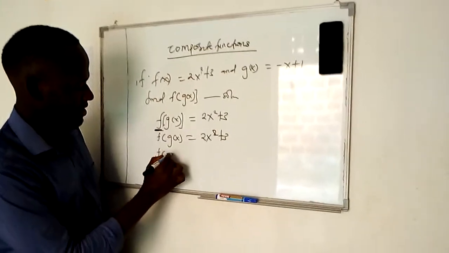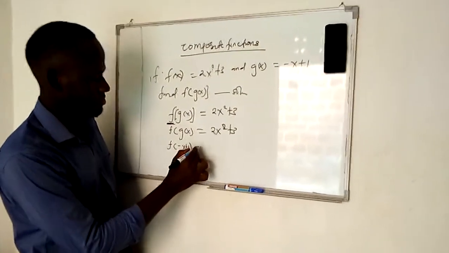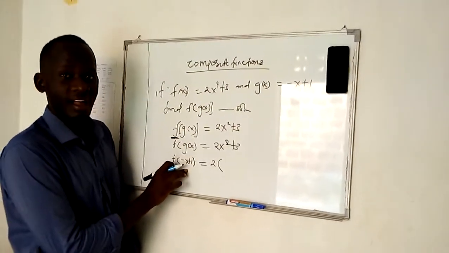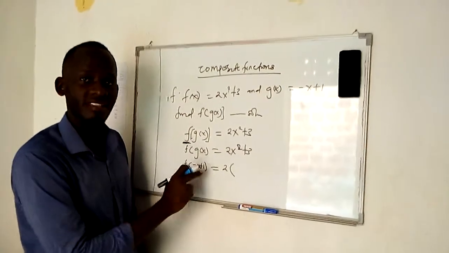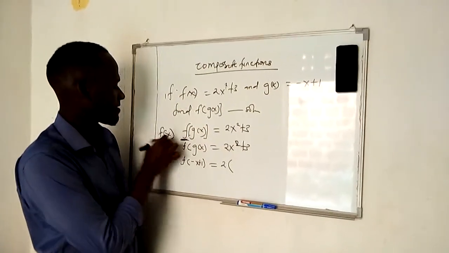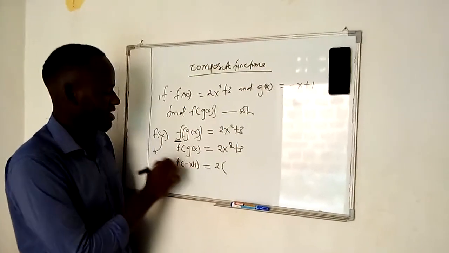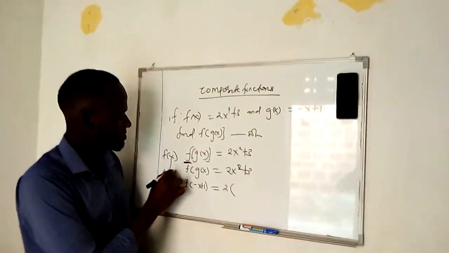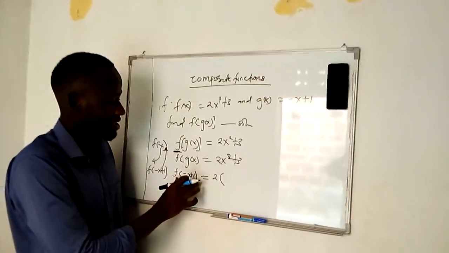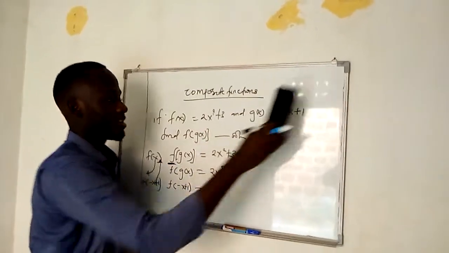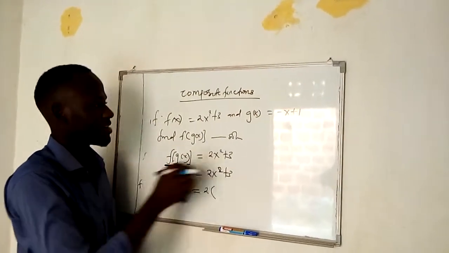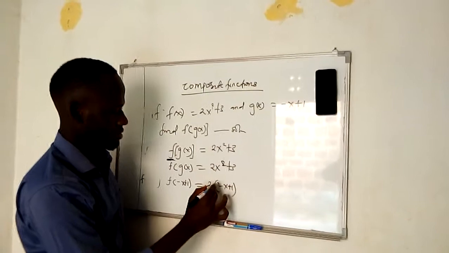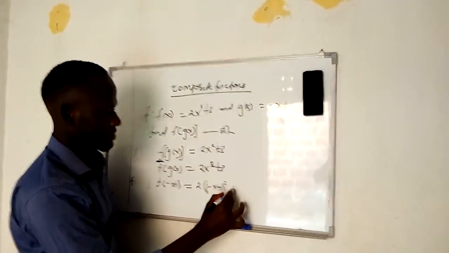The value of this is negative x plus 1. Now this has taken the place of x as far as f of x is concerned. When you have f of x, this is always our x, but now we have a different figure, which is minus x plus 1. So this has taken the place of x. We shall replace this on every value of x, whereby we shall have 2 into minus x plus 1 squared plus 3.